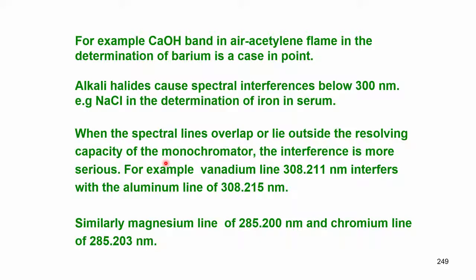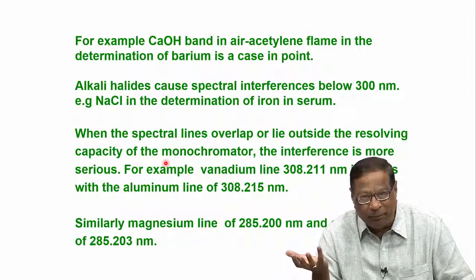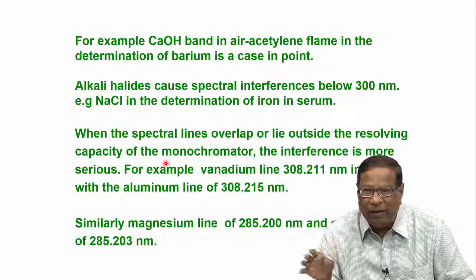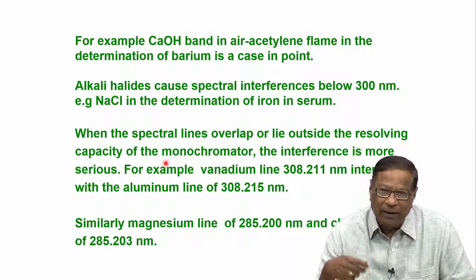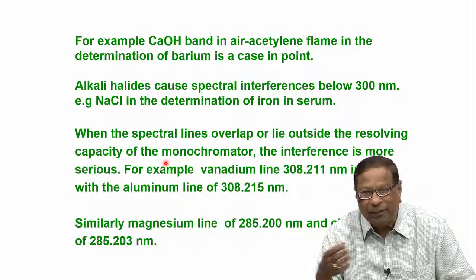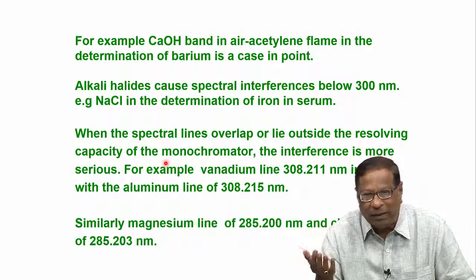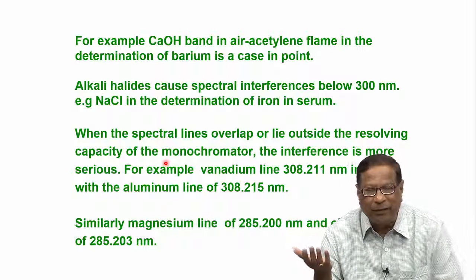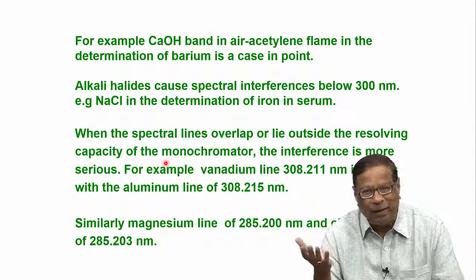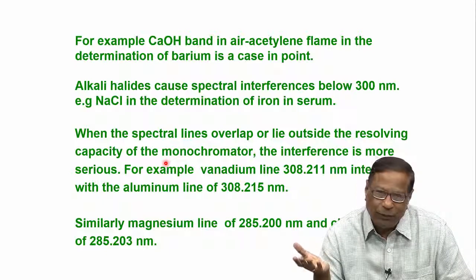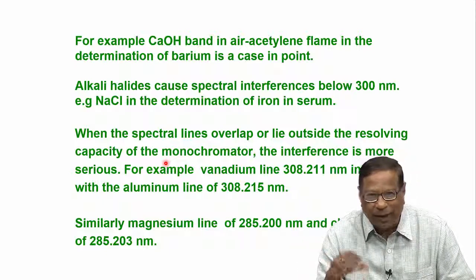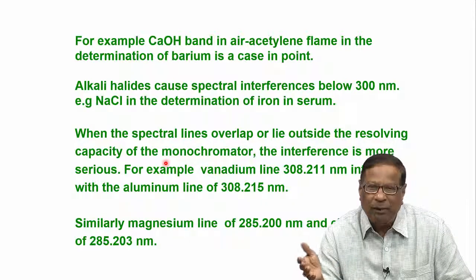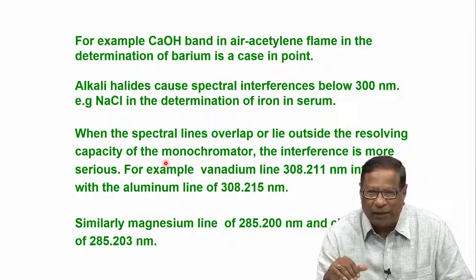I have a barium solution, I want to determine barium, but suppose there is a certain amount of calcium in the sample. So, as a concomitant, okay, because any sample, nobody determines pure solutions, 99% of the time nobody determines pure solutions. So, the aim of analysis itself is to determine a particular element in presence of other elements.